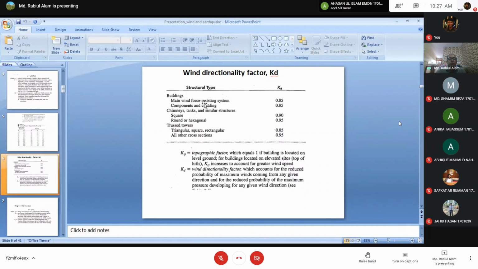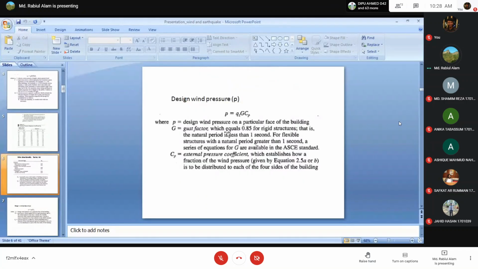Okay, for these two types of cases, KD value is the same, but if the structure is not a building, it's a chimney, tank, or similar structure, for square shape the value is one, for round or hexagonal shape it is another directional coefficient. And for truss tower cases, this coefficient also changes. And there are also topographic factors along with the wind directional factor.